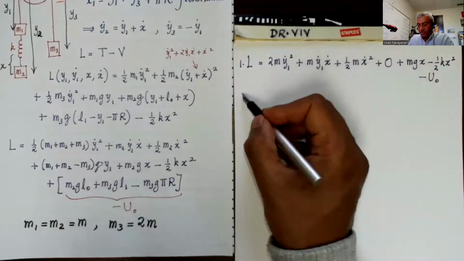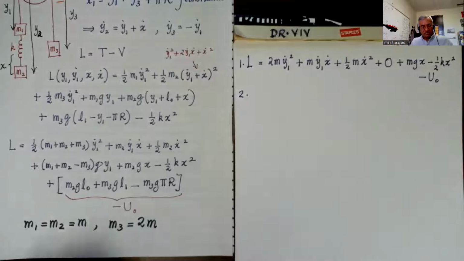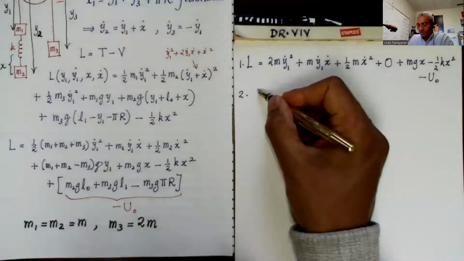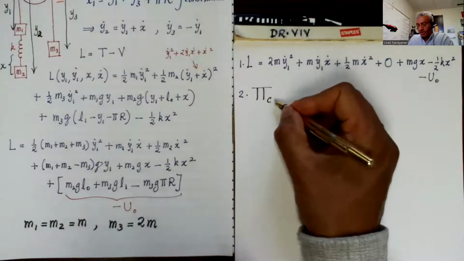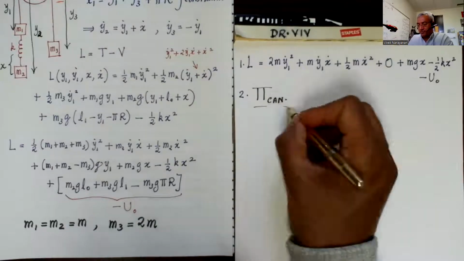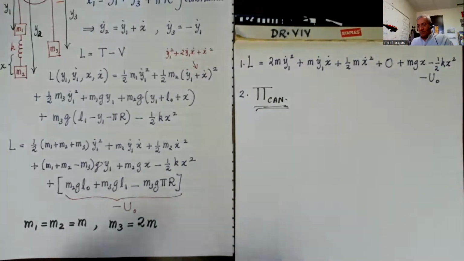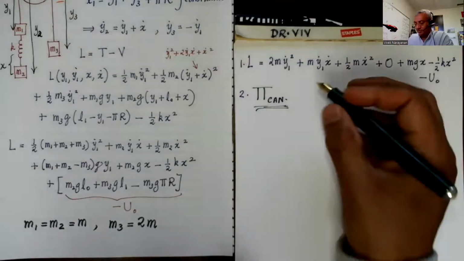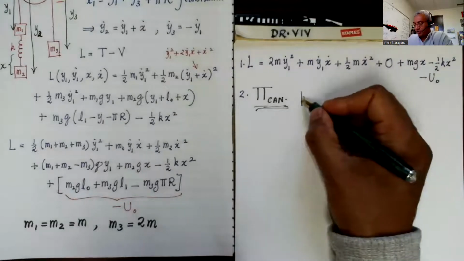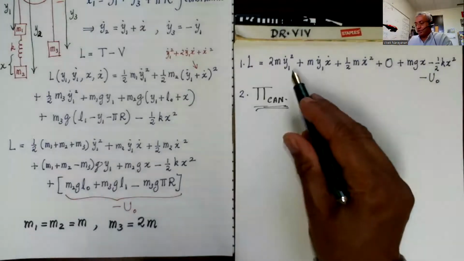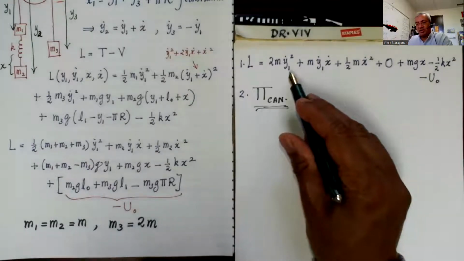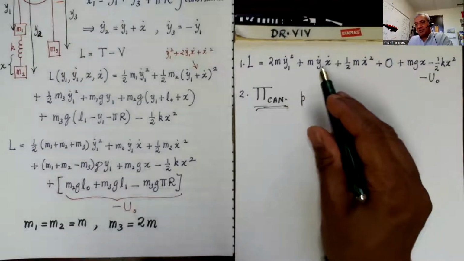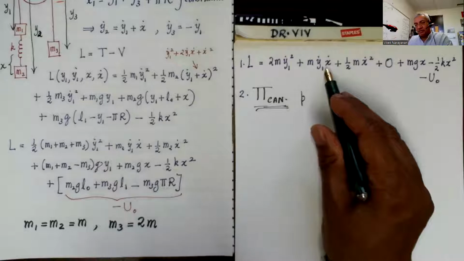The second step in forming Hamilton's equations is to write down the canonical momentum. Pi canonical. Now I would like to call it P instead of pi for old time's sake. So the canonical momentum is associated with two things. There's going to be a canonical momentum associated with a velocity y1, and there's going to be one associated with a velocity x dot.